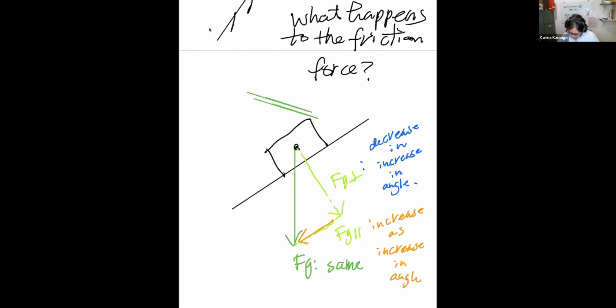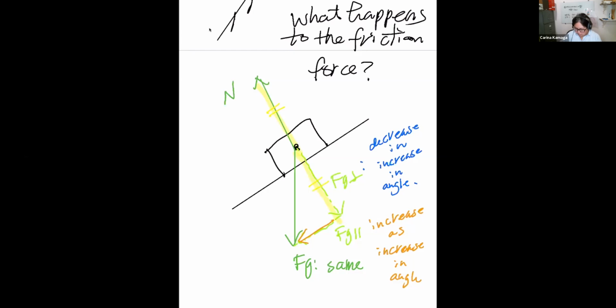So let's see. And this is going to be the same length as this part. They are the same length.